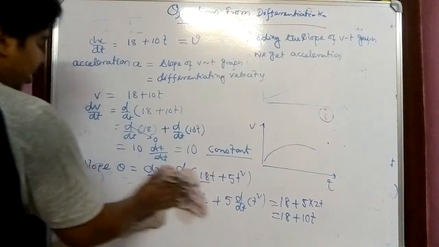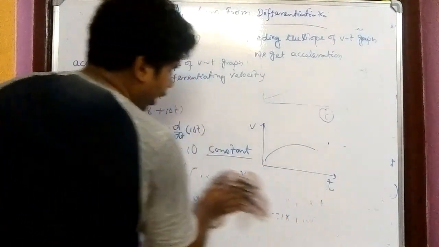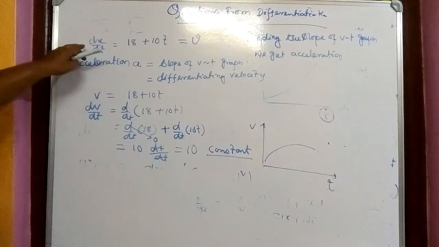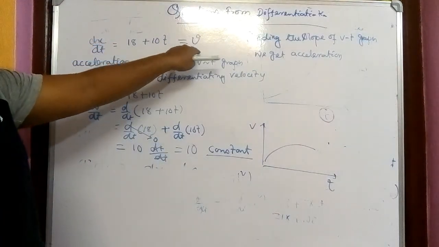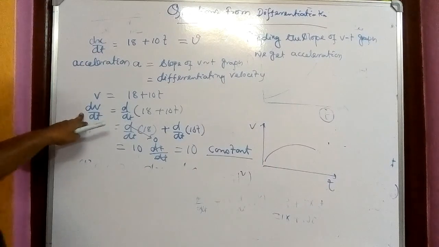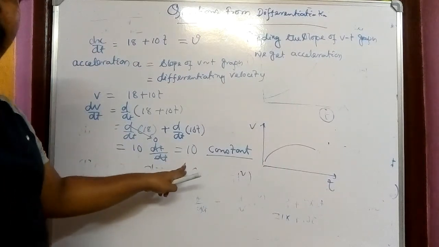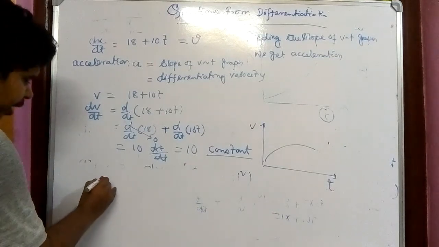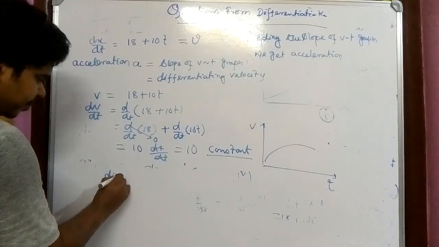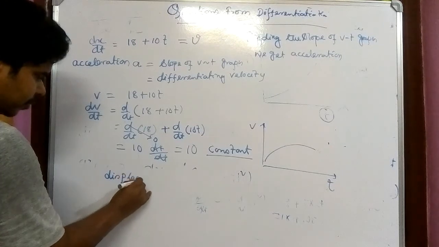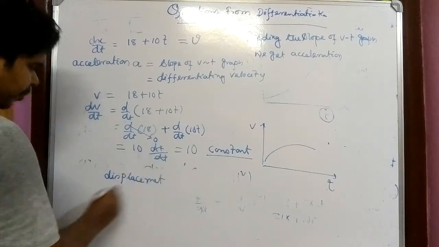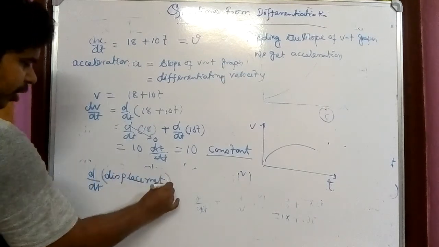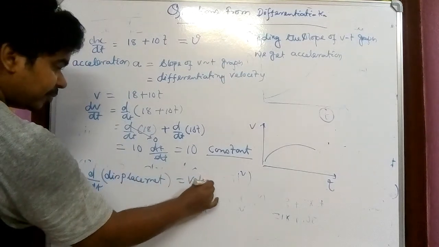Okay. If I rewind our ideas, we are differentiating displacement, we'll get velocity. We differentiate velocity, we'll get acceleration. But rather, we can say in another way, if displacement is given to you, you differentiate it with respect to time, you will get velocity.